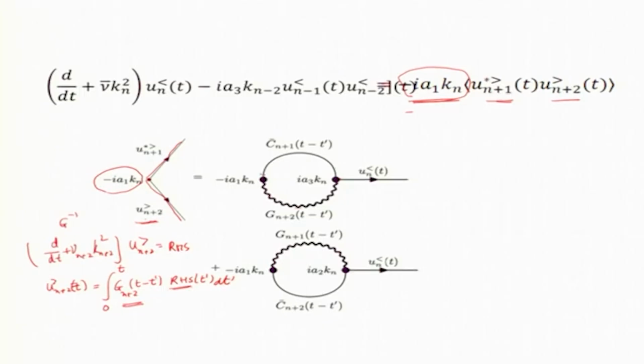So, remember this was u n plus 1 star, this is u n plus 1 star, right. So, what should come from the left so that I get a non-zero value? If it is Gaussian, right now we will assume that if it is u n plus 2, then it will be 0. So, u n plus 1, u n plus 2 average is 0.